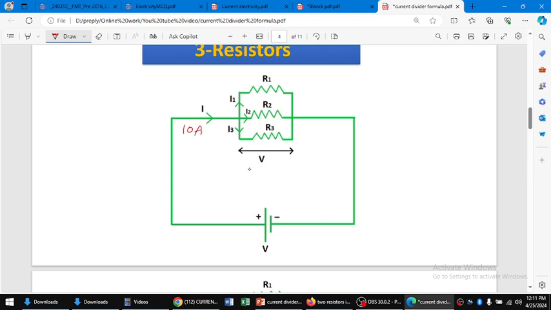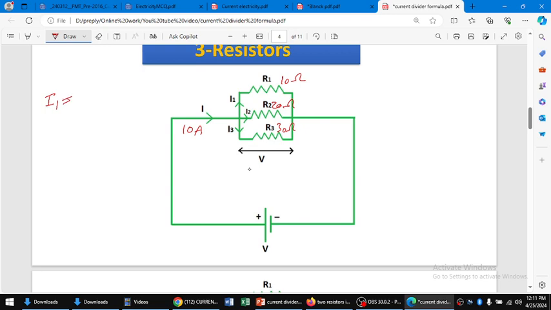So we just assume the values: R1 is 10 ohm, R2 is 20 ohm, and R3 is 30 ohm. Now we need to find I1. First we need the formula.